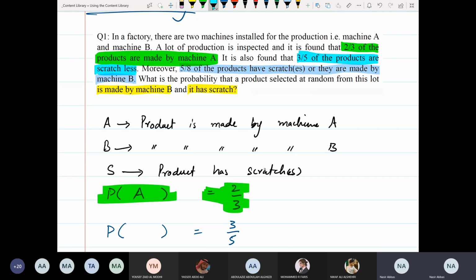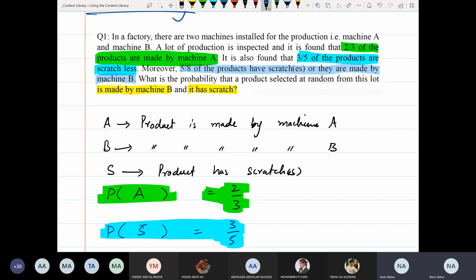So let me say it is S complement. You can also define the event S in the opposite way, as scratchless, it doesn't matter. In that case, S complement will be that there are scratches. So we defined S as a scratch and S complement as scratchless.